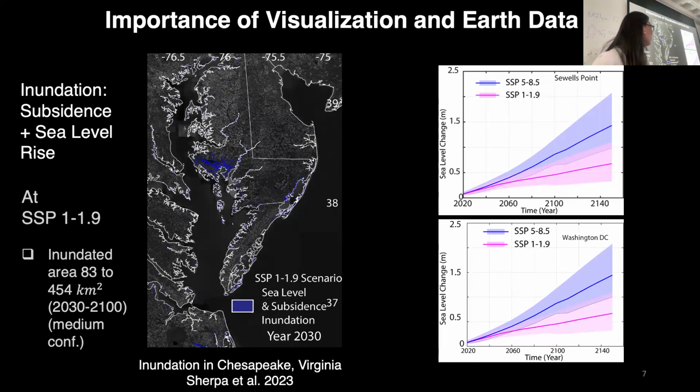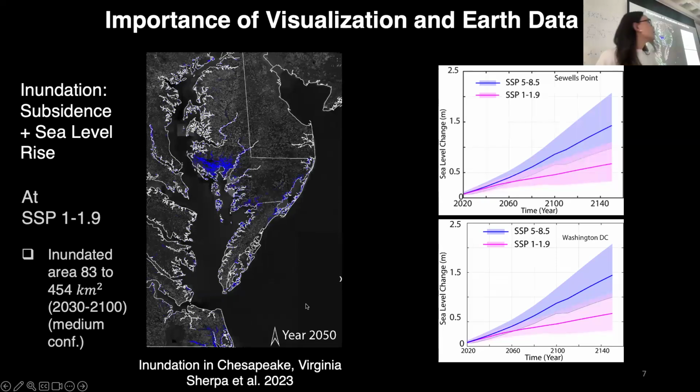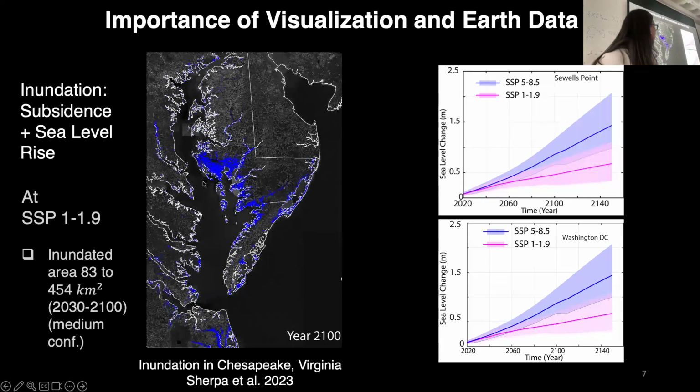And in that scenario, our flooding inundation would look something like this. As time goes, the flooding inundation increases from 83 square kilometers to 454 square kilometers from 2030 to 2100. So this inundation has significant impact because it can impact communities over here.